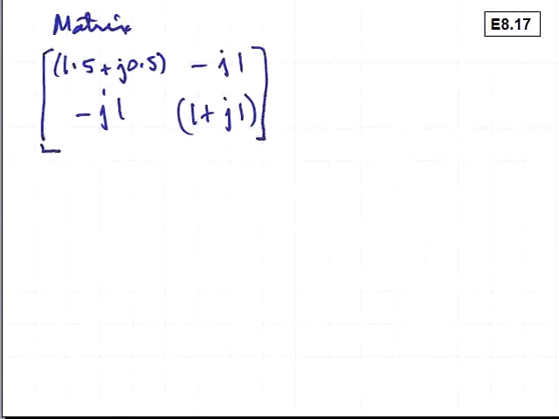This is the admittance matrix. We multiply that times the voltage matrix, V1 and VO. And this is equal to the currents, 6 at an angle of 30 degrees, 0.